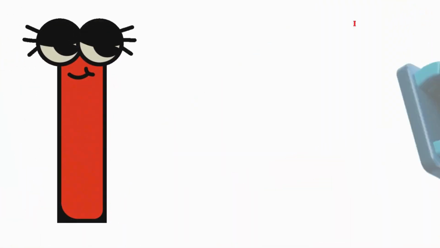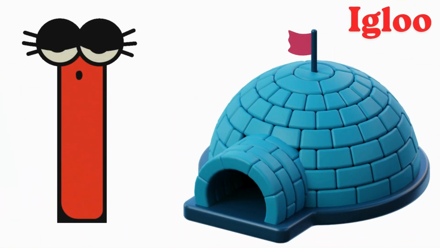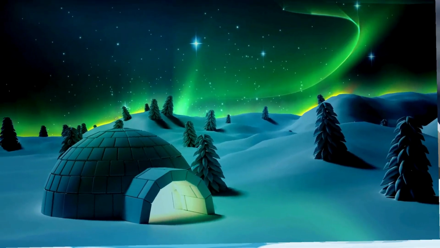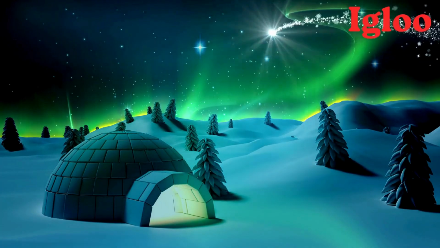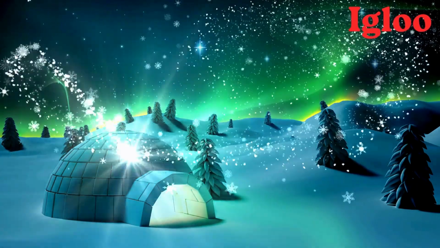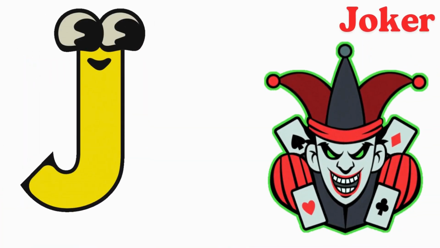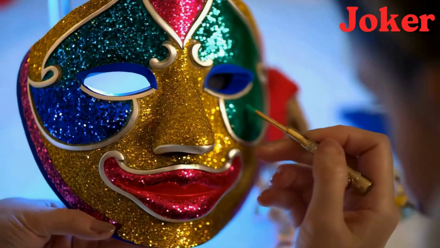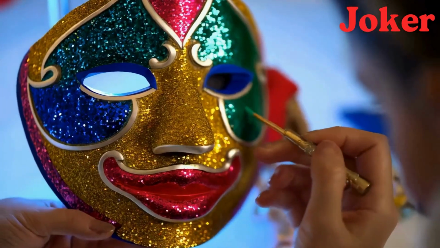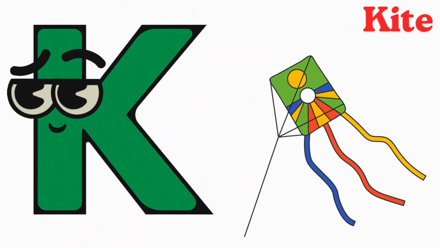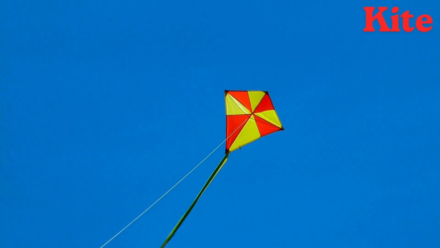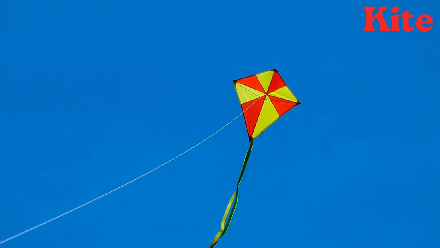I is for igloo, igloo. J is for joker, joker. K is for kite, kite.